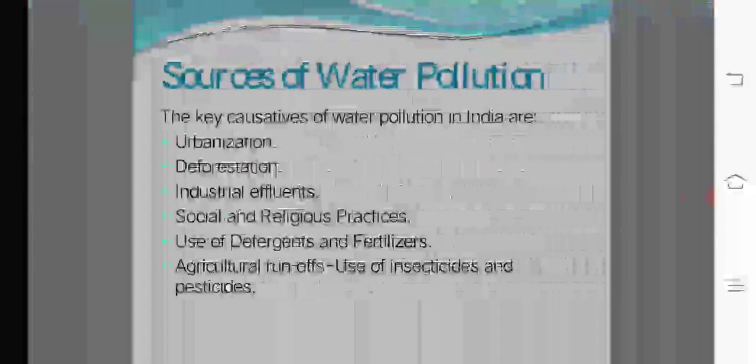The key causes of water pollution in India are urbanization, deforestation, industrial effluents, social and religious practices, use of detergents and fertilizers, agricultural runoffs, use of insecticides and pesticides.